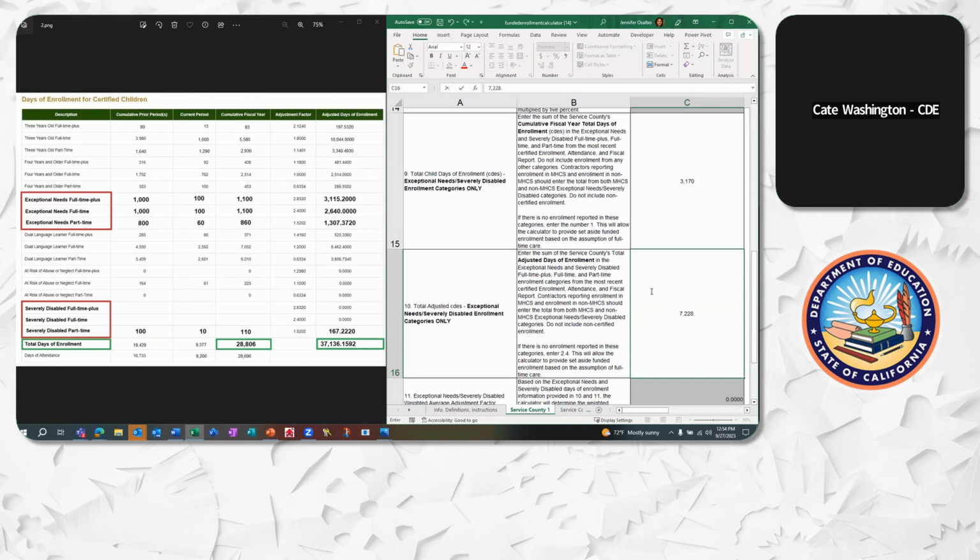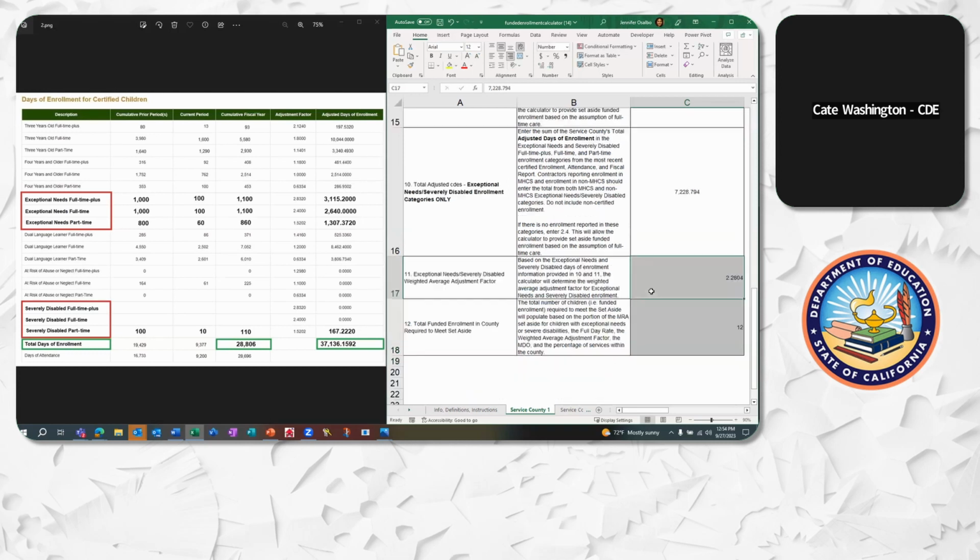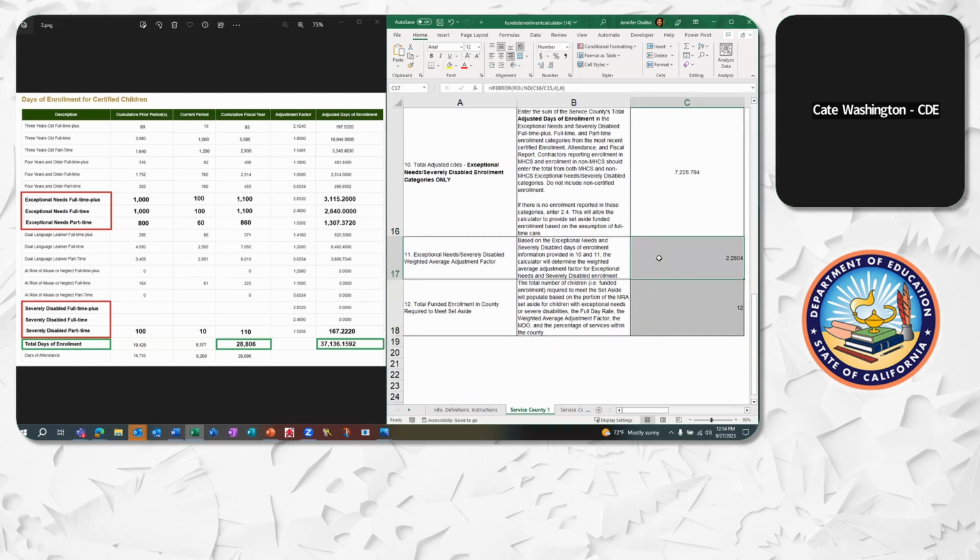Entering that last number will allow the weighted average adjustment factor to populate based upon the agency's enrollment in the exceptional needs and severely disabled categories.